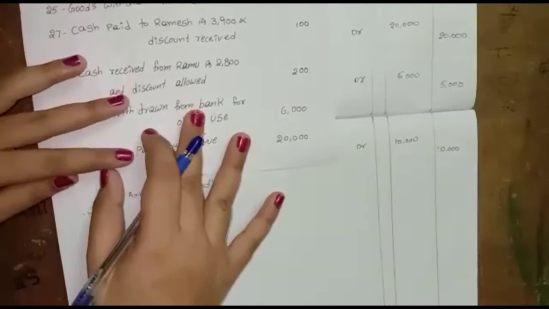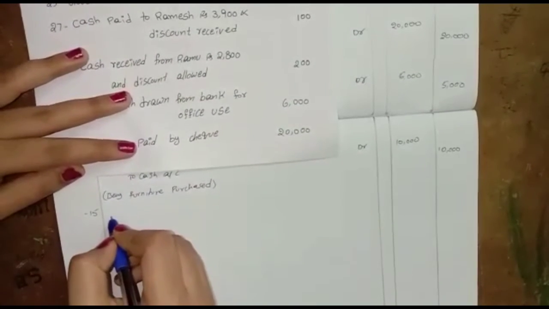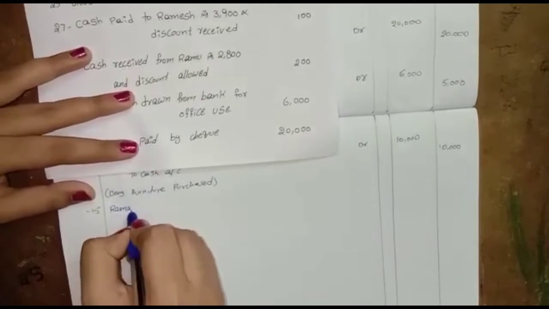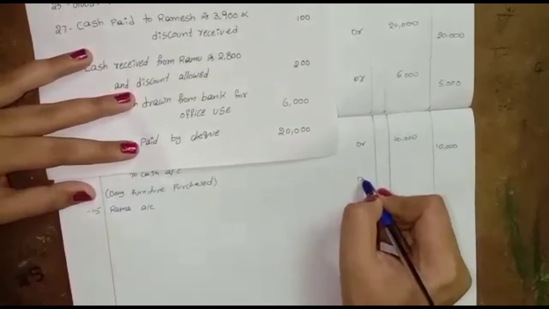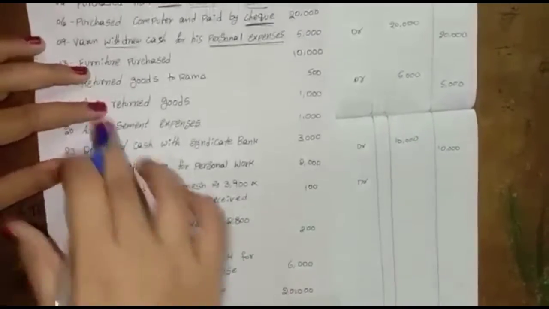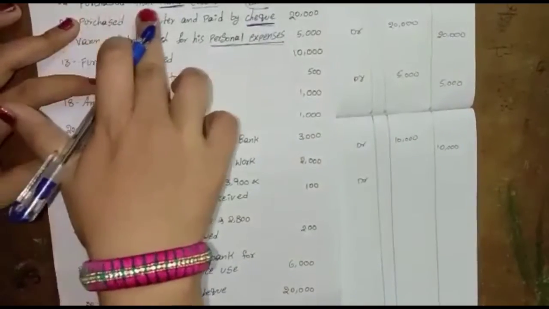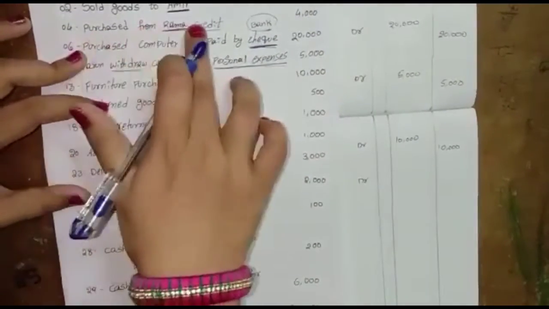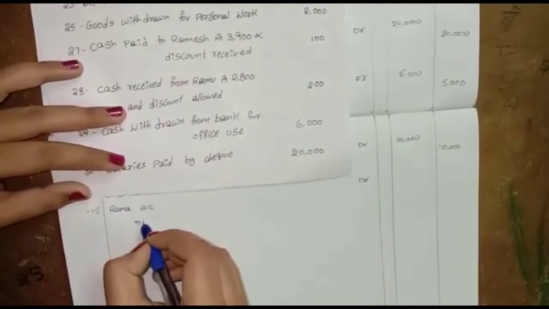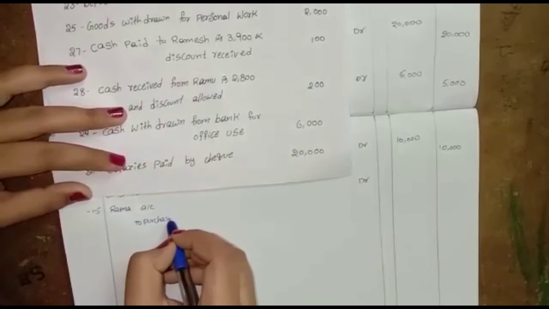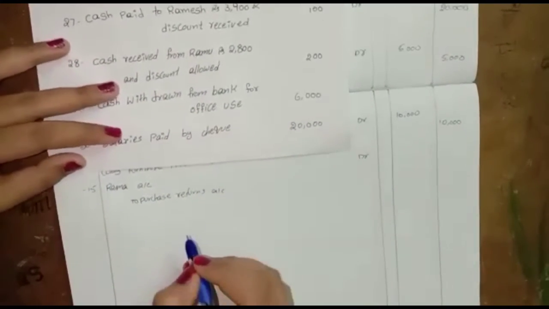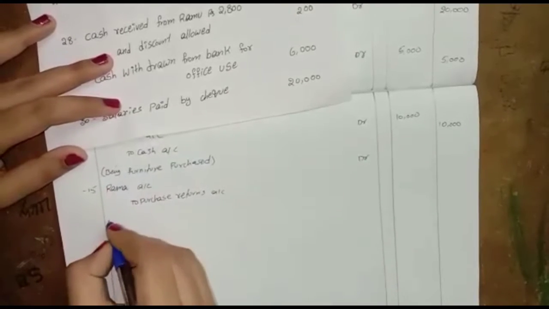So it would be written as Rama account, debtor to purchase returns account.